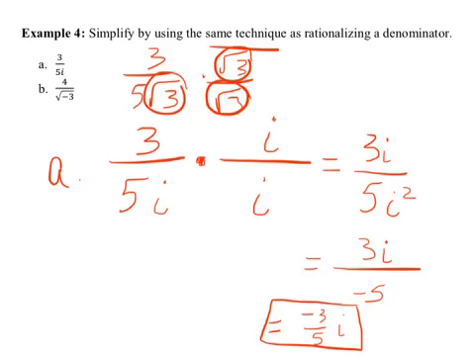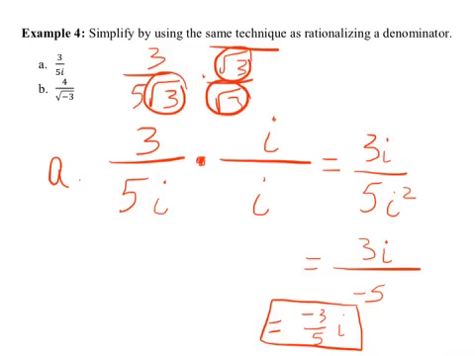We're going to multiply top and bottom by I, which in the bottom will result in just a negative 5, because we have the I squared now. We take this part right here out in front as a coefficient and leave the I there. It looks similar, but this I was in the denominator, and now this I is in the numerator here. Same exact approach. This one's not as useful as rationalizing a denominator, but it's going to be useful when we look at the next section in 6.8, where we have to think about complex numbers, which are imaginary and real numbers together.